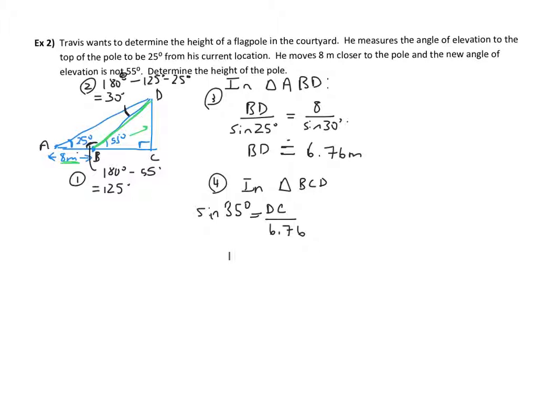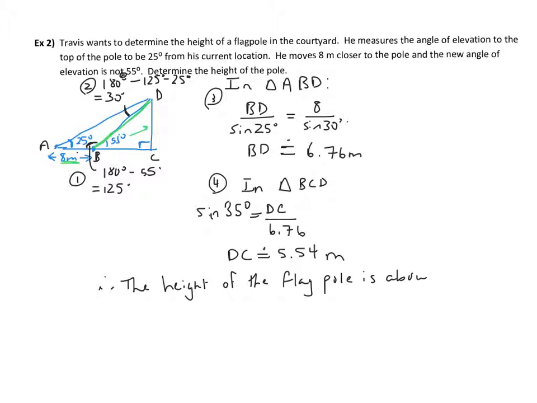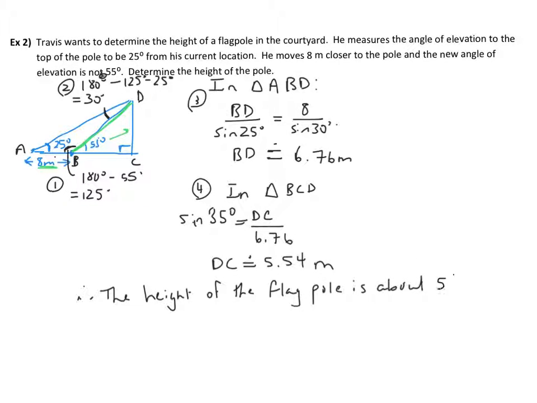We get that DC is approximately equal to 5.54 meters. Okay, so the height of the flagpole is about 5.54 meters, or 5.5 meters. And there we have it.